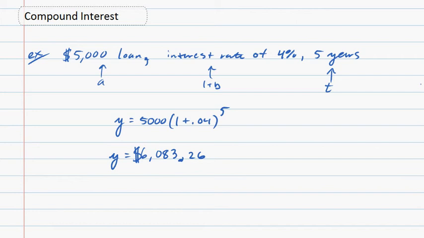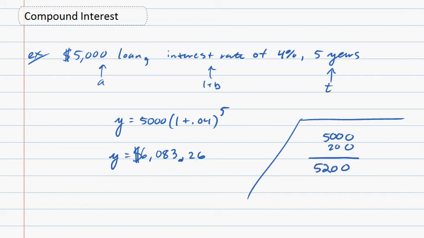Okay, and it's called compound because after the first year, let's start over with the 5,000 here. After the first year of 4%, 4% of 5,000 is $200. So they add that onto the bill, but then when they look at the next year, they're going to charge 4% again.